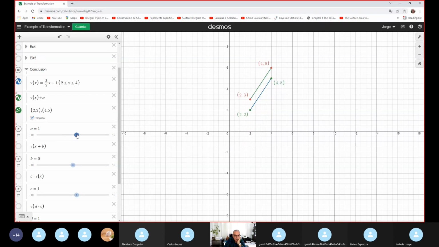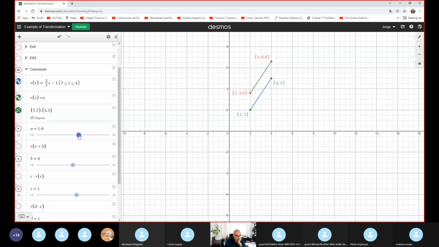And you see how the only component affected is y, because x stays the same. So when you add a number outside the parentheses, the action is vertical because the y component changes and the x component stays the same. This is super clear, right?